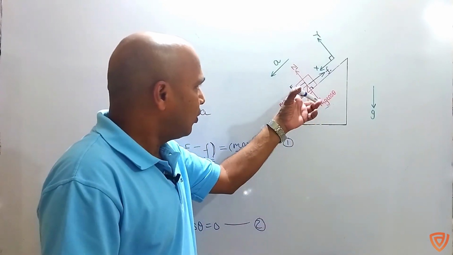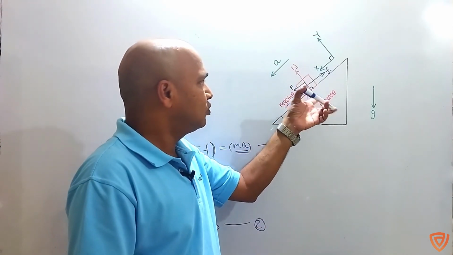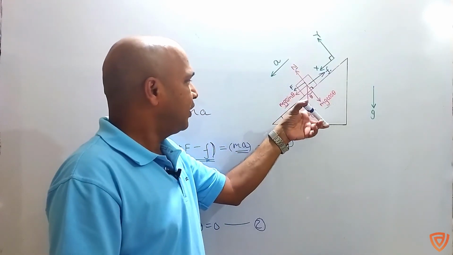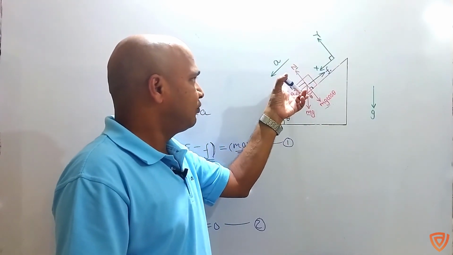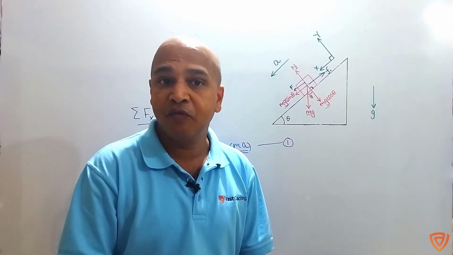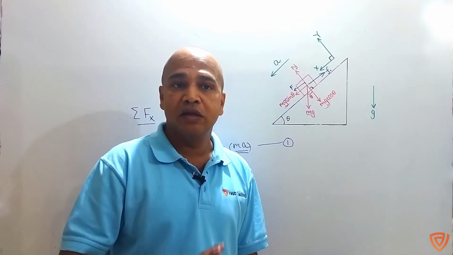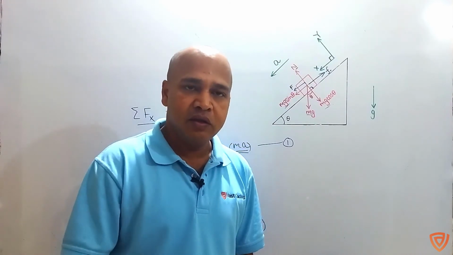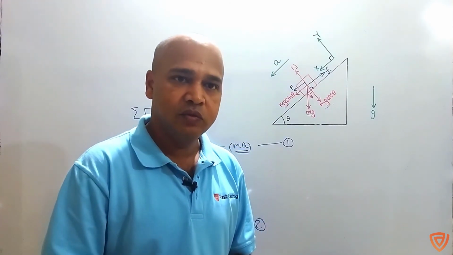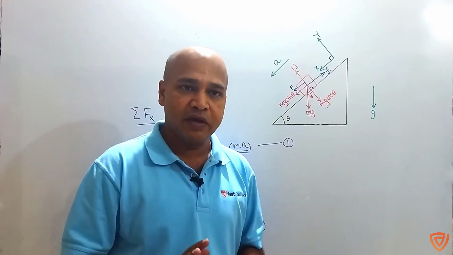In this case there are now more forces. Earlier only two forces were there, weight and normal reaction. Now we have weight, normal reaction, external force F, and frictional force. You have to identify those forces carefully. You should not miss any force, otherwise the answer will not be correct. So identify all the forces correctly with their directions.